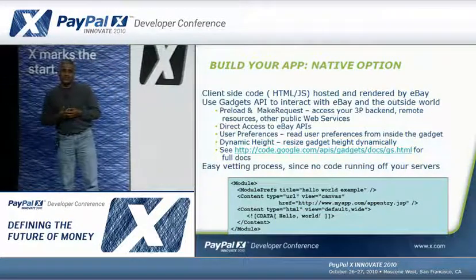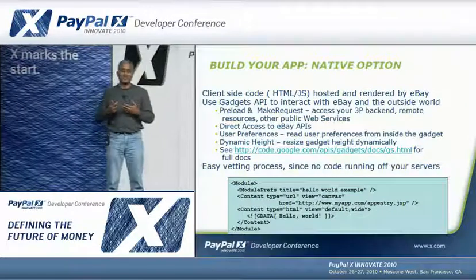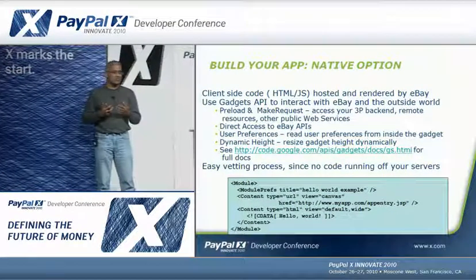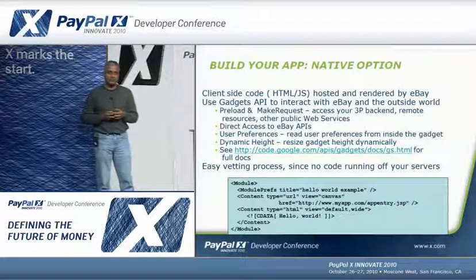You have access to all the data elements that you're used to in your native application, depending on how data intensive that is, that may or may not work. If it is a simple mashup of eBay data with some other data, a native app works. But if it's data intensive, where you churn out a lot of information and package it into a nice presentation, a native option may not work for you.